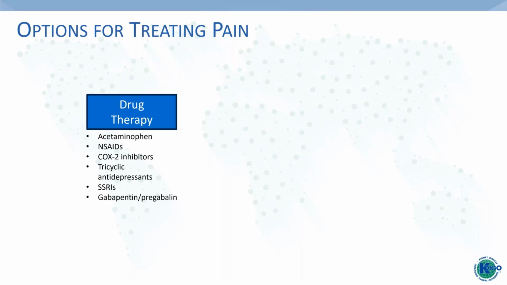Tricyclic antidepressants can cause confusion and disorientation. And similarly with SSRIs and gabapentin and pregabalin are other side effects. Unfortunately, what is often used then to treat chronic pain is opioids. And I'll talk a little bit more about the risk with using opioids in this patient population.